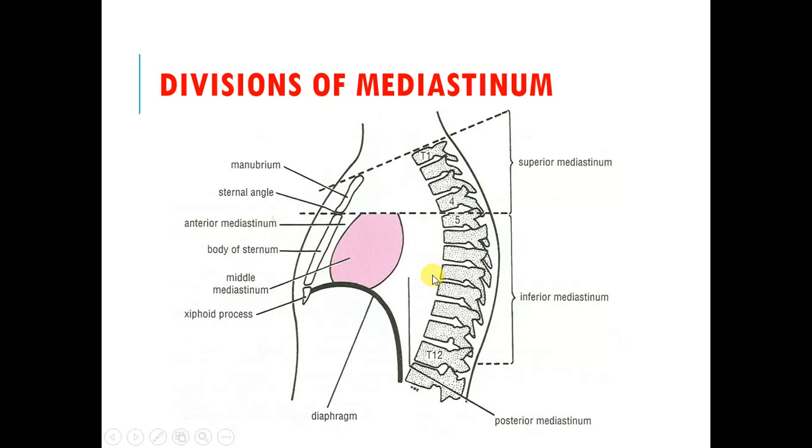So the inferior mediastinum is further divided into three parts by the pericardium, pericardial cavity and the heart.